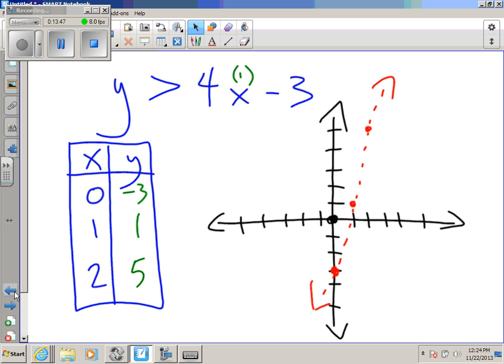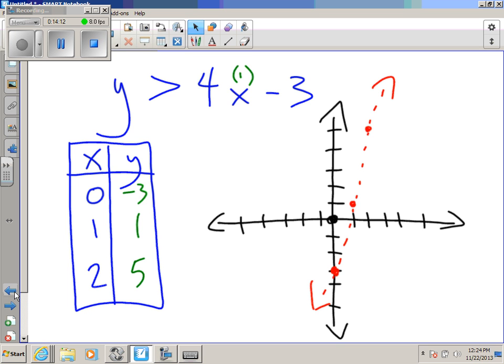Why? Does this make sense? When we plugged in 1 for x, what do we get for y? Is 1 greater than 1? No. That's why that's not a particular solution, but it's going to help us make our line.